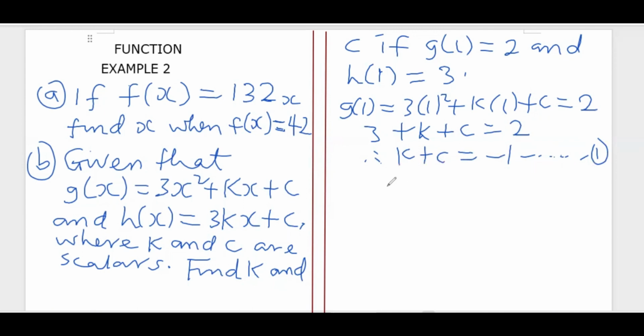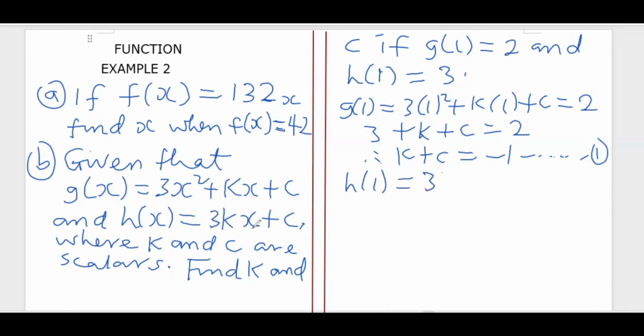We target equation 1. We go to the second one where we have h of x, but we are given here that h of 1, the result will be 3. That is, if 1 replaces x in this function, the result will be 3. So we now have h of 1 as well. The function is 3kx.